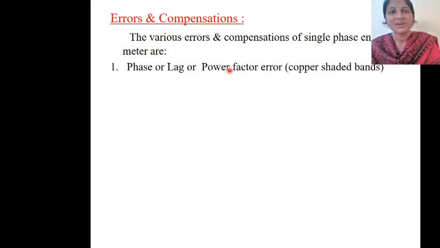If it is not 90 degrees, then power factor error happens. This error can be reduced by using copper shaded bands. Copper shaded bands are placed on the shunt magnet so that the angle is made approximately 90 degrees. That is, the voltage and current angle will be maintained at 90 degrees.